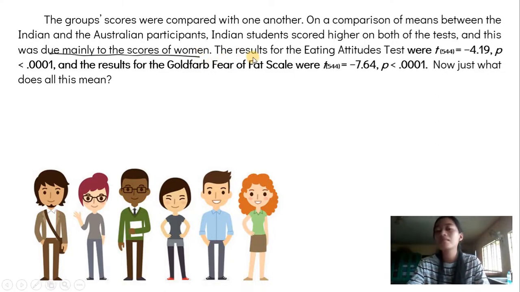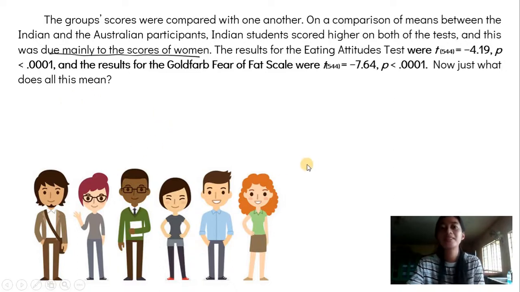So the result of this eating attitudes test was found to be t with subscript 544 is equal to negative 4.19, p is less than 0.01, and the same for the fat scale. So what does all of this mean?